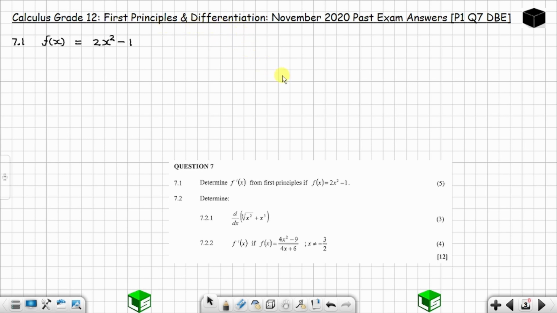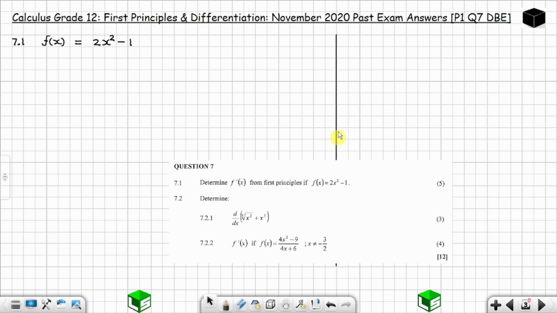The reason I personally do that is because the rules of differentiation used in grade 12 are quicker and simpler to use. The question is not asking you to use the rules of differentiation. I'm just giving you this as a bonus tip so that you can check what your answer will be at the end.